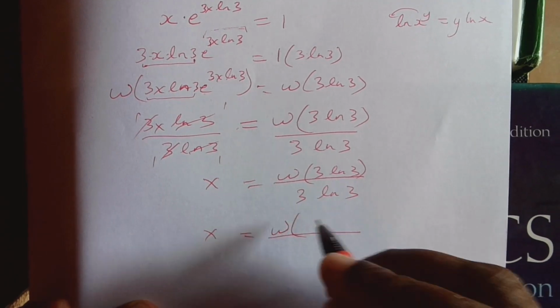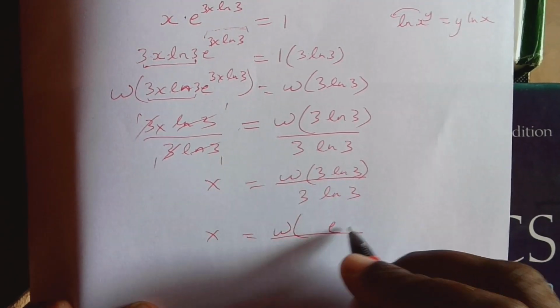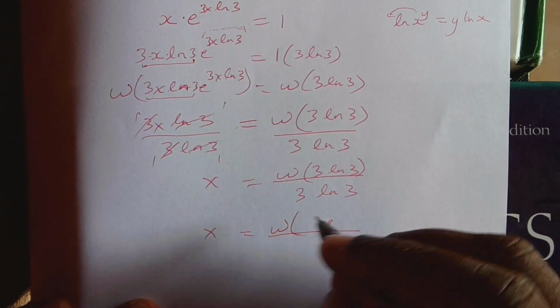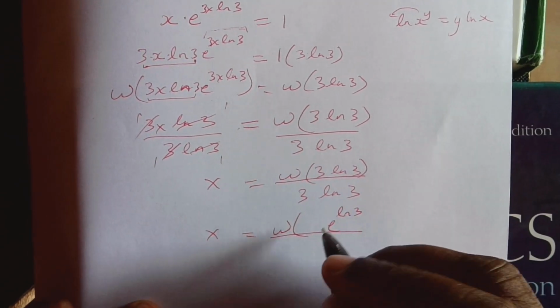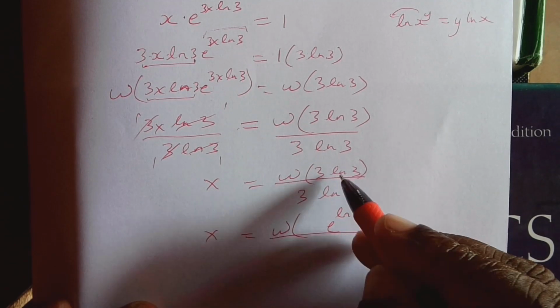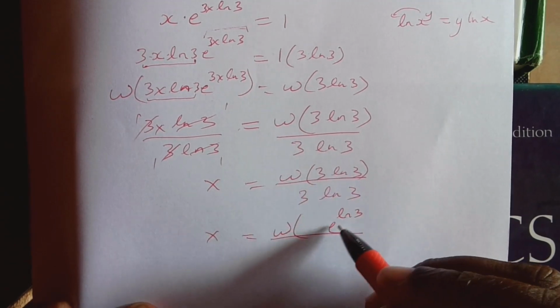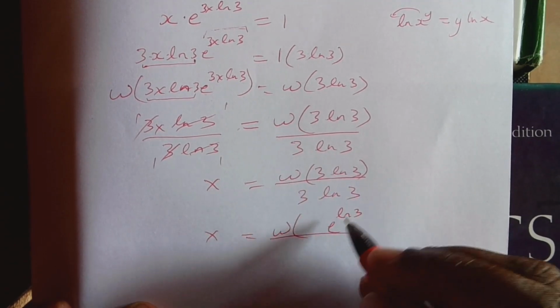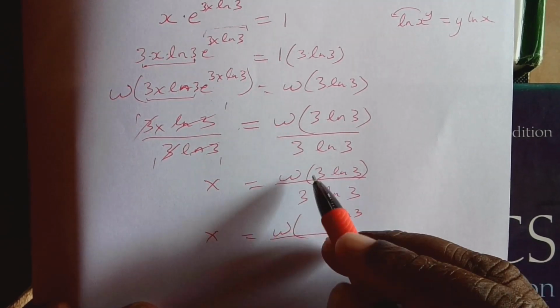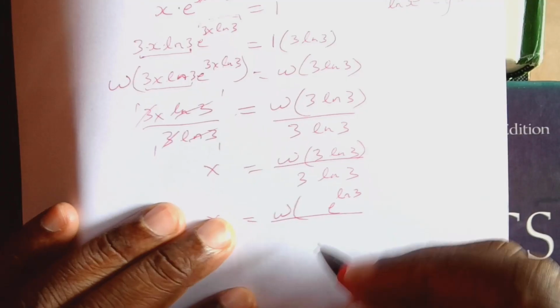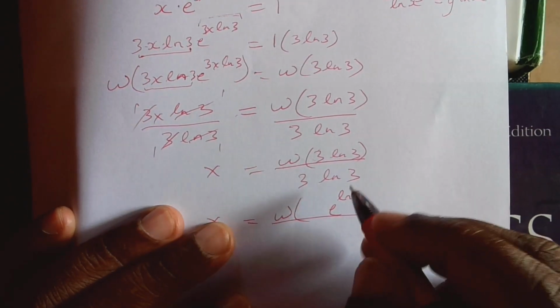So what we can do, let's take ln 3 as a power and raise it by a base E. And so what we now have here is E raised to ln 3, but E raised to ln 3, or e to the power of ln 3, is simply 3. So this quantity here and this quantity here have the same value.